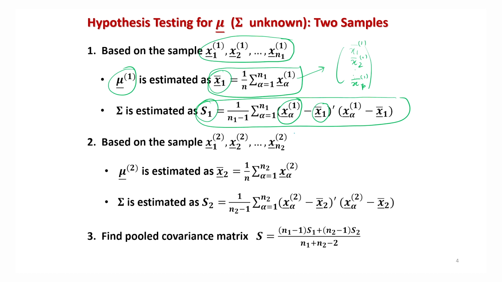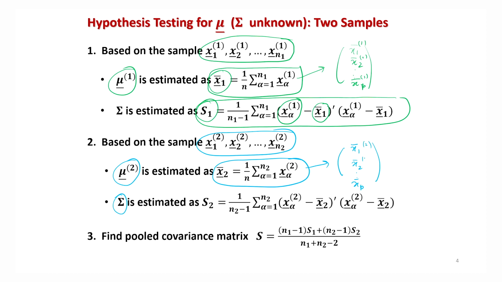Now we consider the second sample, and based on that we try to estimate the mean vector mu2 and covariance matrix sigma. So this is again the sample mean vector x1 bar, x2 bar, up to xp bar, based on the sample of size n2 from the second sample.